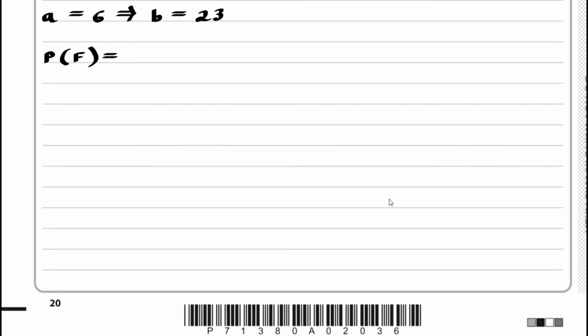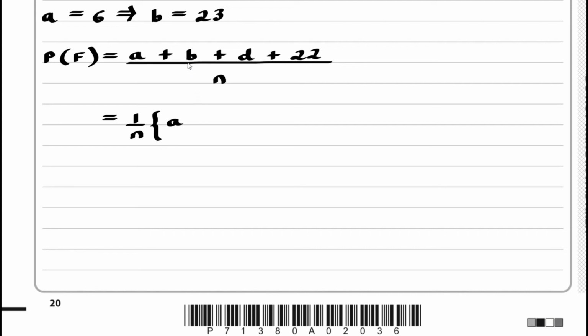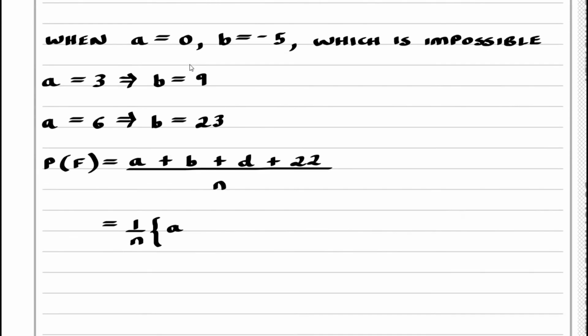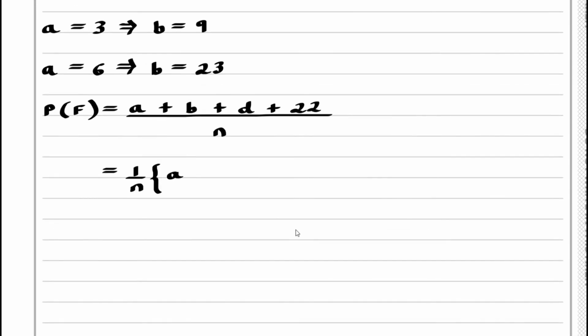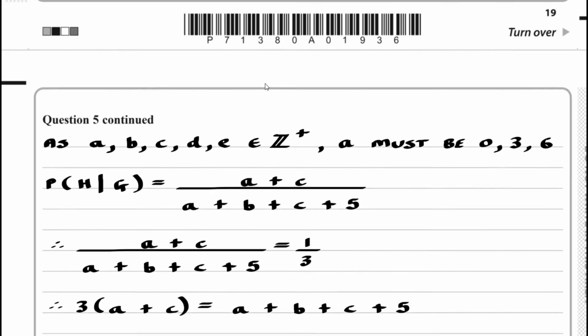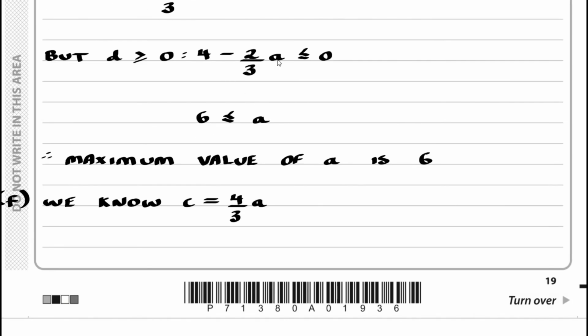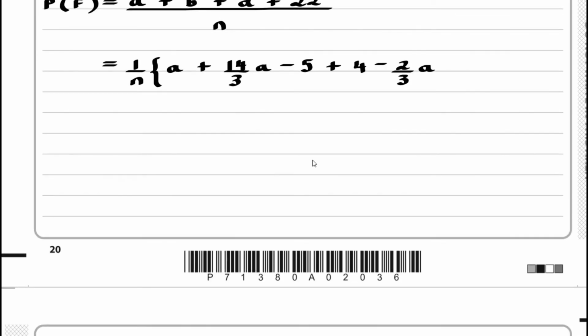Now, the probability of f, that's equal to A plus B plus D plus 22 over n. So, we have 1 over n multiplied by, now let's leave all this in terms of A, A plus B, and B we know to equal 14/3A subtract 5, plus D, and D we found earlier to be 4 subtract 2/3 A, and then we add on the 22.